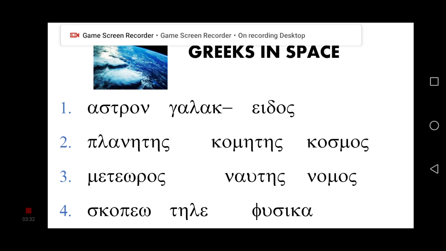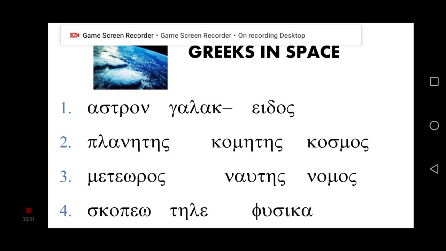Right, Greek is used in a lot of scientific terms, and the scientific terms we've got on this slide are everything to do with space. If we have a little look at the first 3, astron, where we get astronaut, is a star.